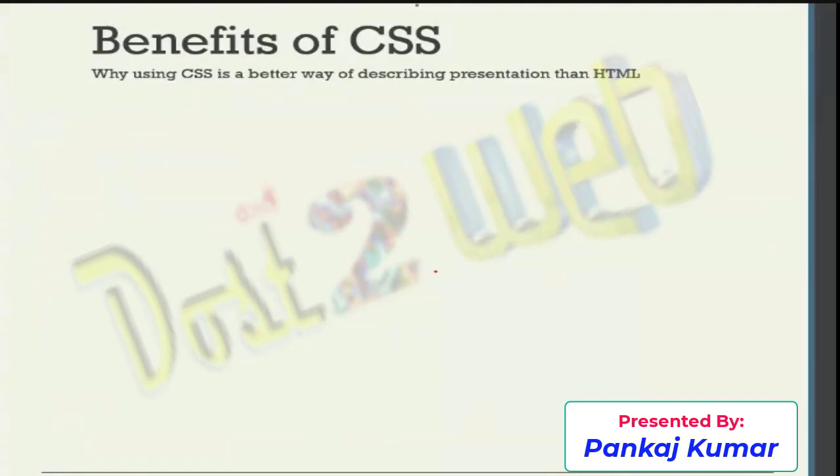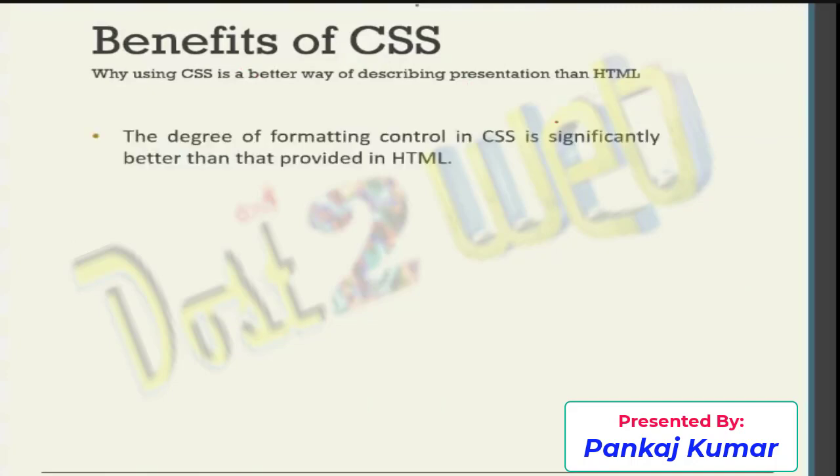Then when we talk about the benefits of CSS, why are we using CSS? The question we always ask is, why CSS? Obviously, it is because we want better presentation of HTML. The look of the HTML page should be attractive and colorful. For that purpose we use CSS.